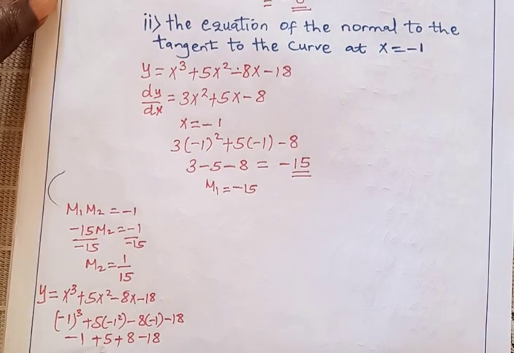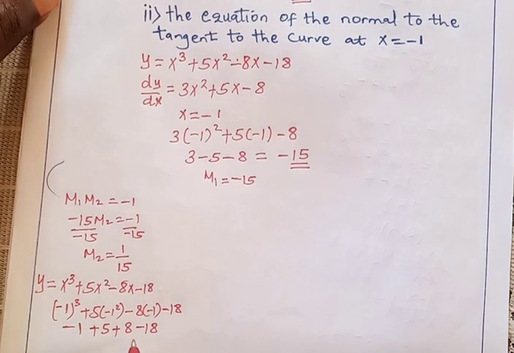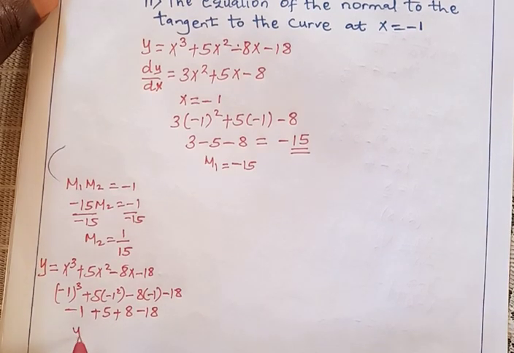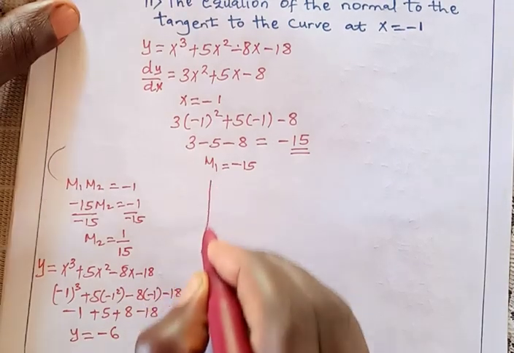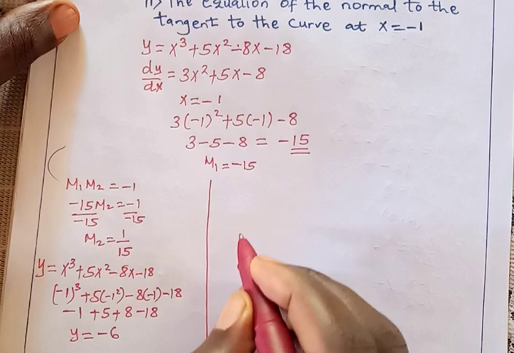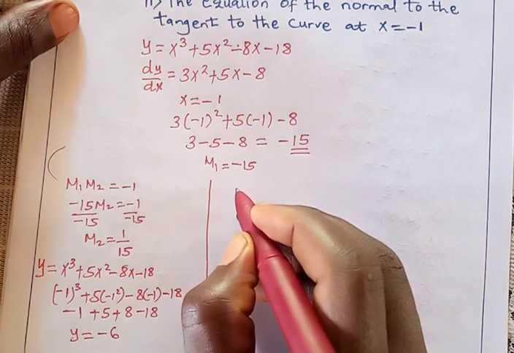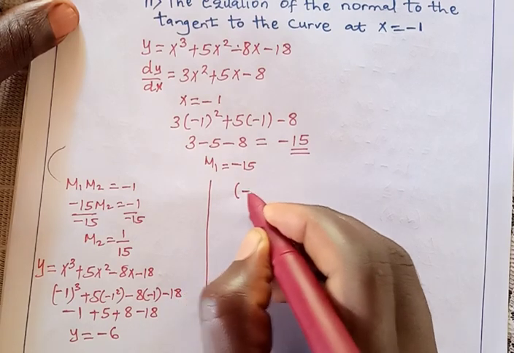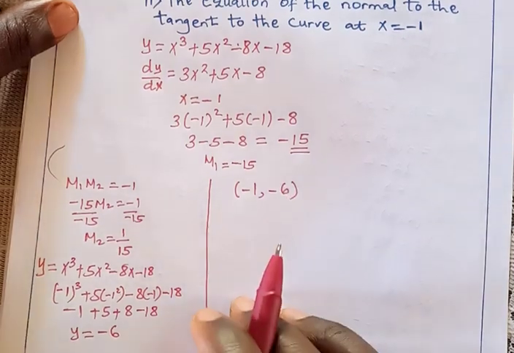So this is 4, 4 plus 8, 12, 12 minus 18. So our y is going to be negative 6. Now, if y is negative 6, let us complete the point. We are going to say that the point is going to be negative 1, comma negative 6. Now the point is complete.